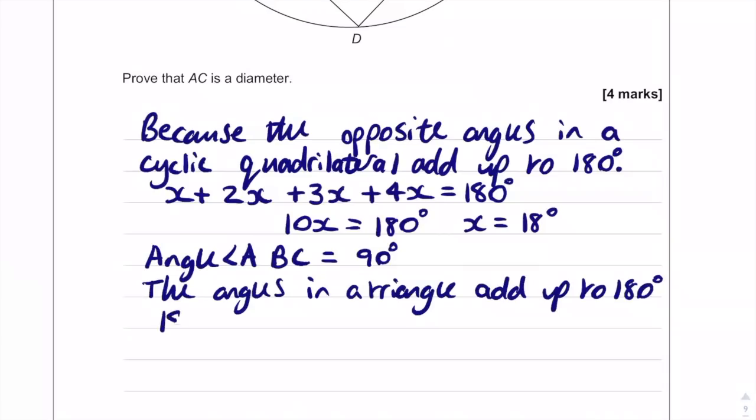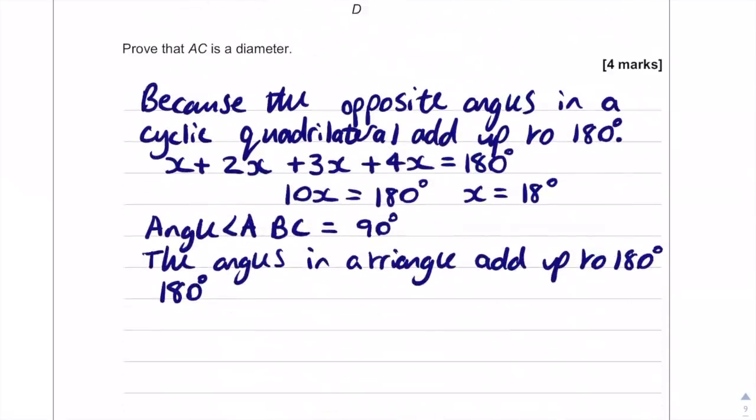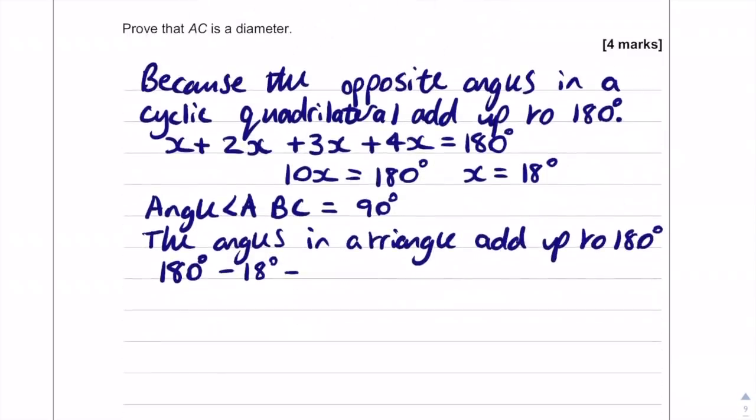So if we do 180 minus x, which is 18, minus 4x, which is 4 times 18. Well, 4 times 18, that's going to be 4 times 8, which is 32, and 4 times 10, which is 40, so that's going to be 72. 72 add 18 is 90, so we're doing 180 take away 90, which is, of course, 90.